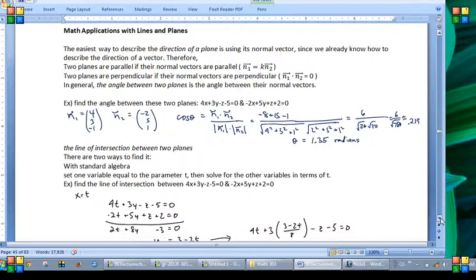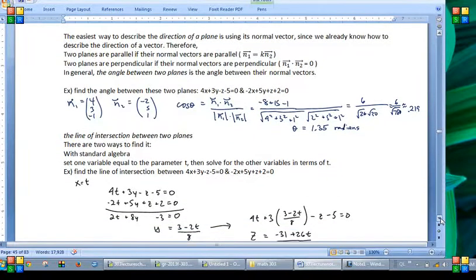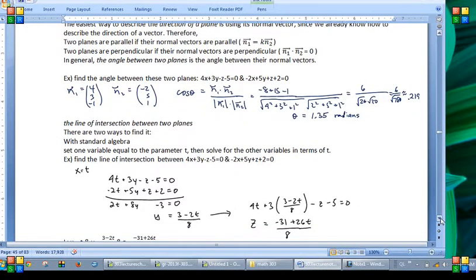So you get y equals 3 minus 2t over 8. Now once you have that, you can plug that back in order to get an equation for z. So one by one, we're getting an equation for x, equation for y, equation for z in terms of t. So you do that algebra, and you get z equals negative 31 plus 26t over 8.